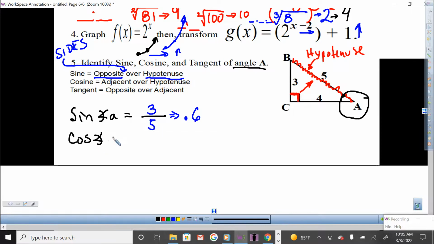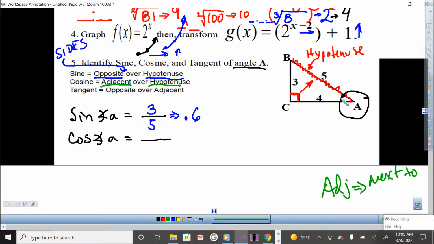Cosine of angle A. We're still on the same angle, but now they want us to look at the adjacent side. Adjacent means next to. So cosine is the adjacent side to angle A over the hypotenuse.